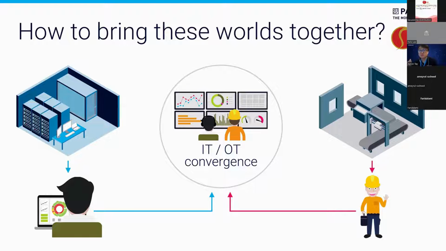So what do we mean by OT actually? Here's how Wikipedia defines OT. It's operational technology: hardware and software that detects or causes a change through the direct monitoring or control of industrial equipment, assets, processes, or events. OT includes a part called industrial control systems, like your factory floor.